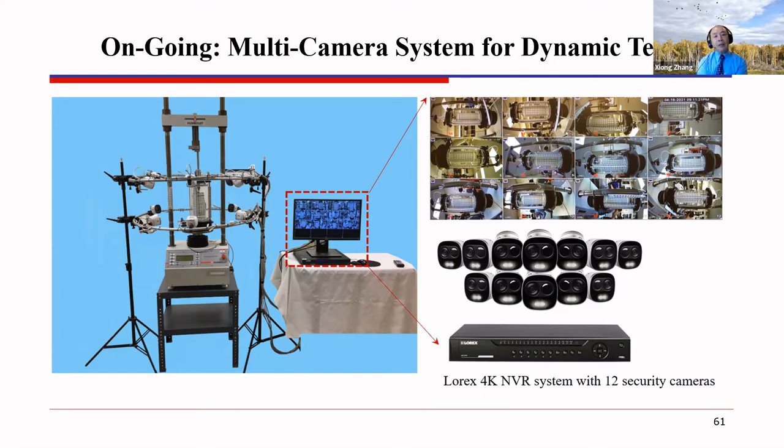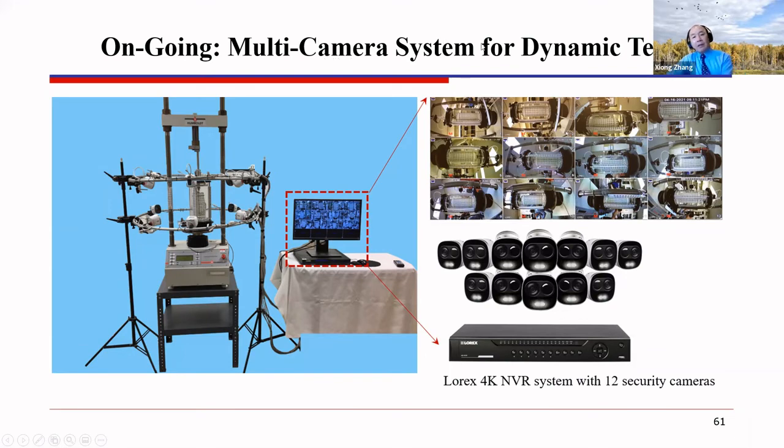So every time you need to take pictures, you need to pause the test and then walk around and take pictures of the soil specimen. But there are many cases where the deformation of the soil specimen is continuous. For example, the soil can creep under constant load, or if you have dynamic loading, you need to measure the volume change of the soil specimen continuously.